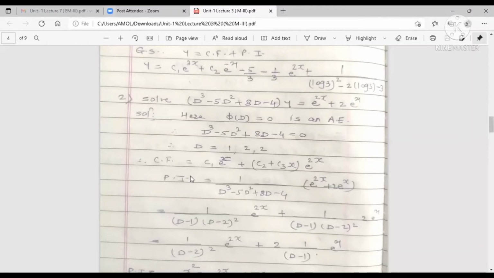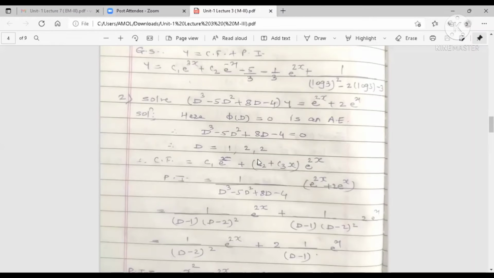And so for the complementary function, the 2 roots are equal and the remaining one is distinct. They all are real numbers. So the complementary function is c1 e raised to x plus (c2 plus c3 x) into e raised to 2x. The second and third terms are for the factor 2 because 2 is repeating 2 times.